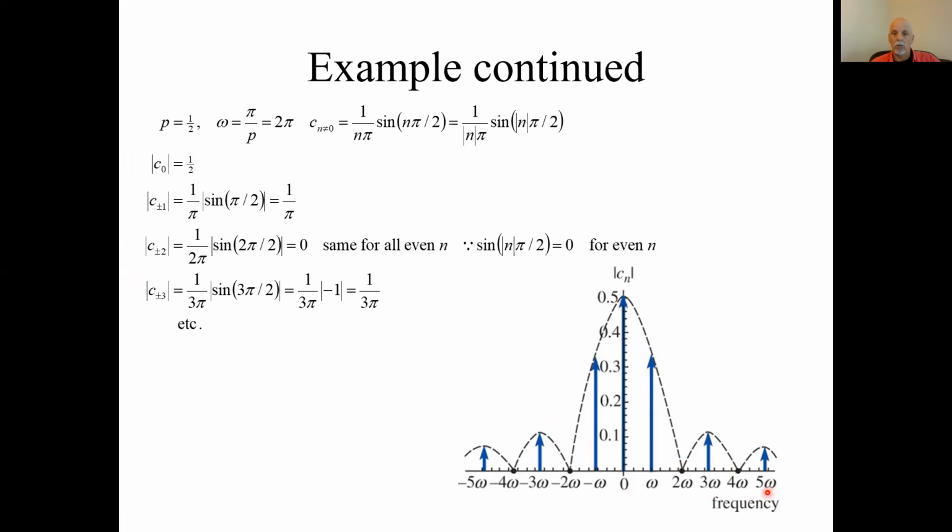So if I wanted the units to be radians per second, this one would be 2 pi radians per second. This would be 4 pi radians. This would be 6 pi radians. 8 pi, 10 pi per second.